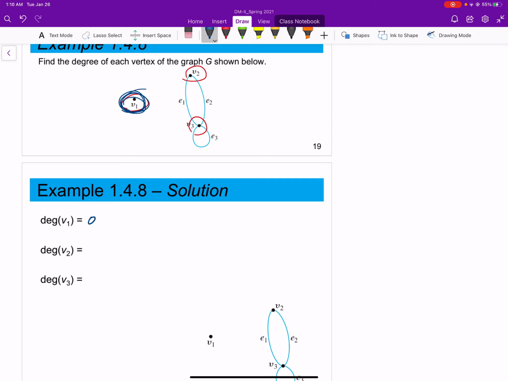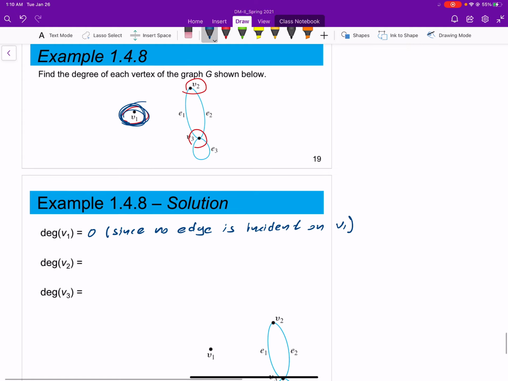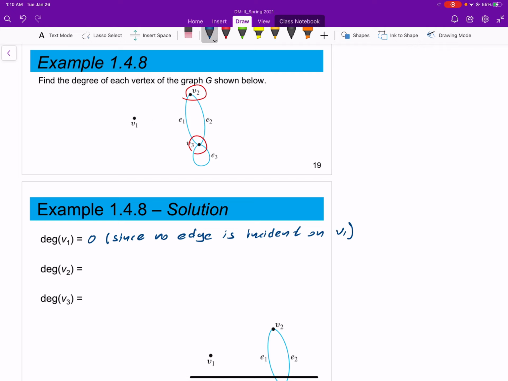The reason for that is that no edge is incident on V1. Okay, so it is isolated. Let me mark that this is isolated. This is called an isolated vertex.